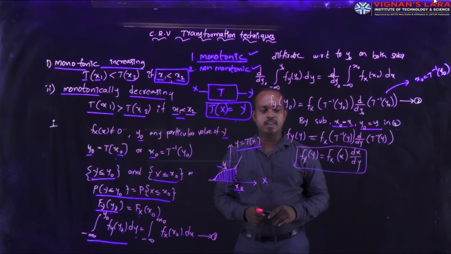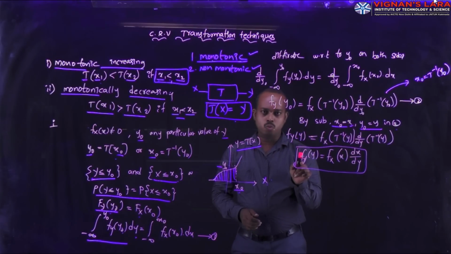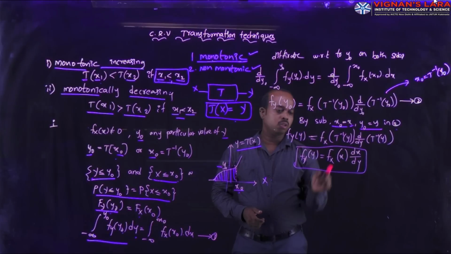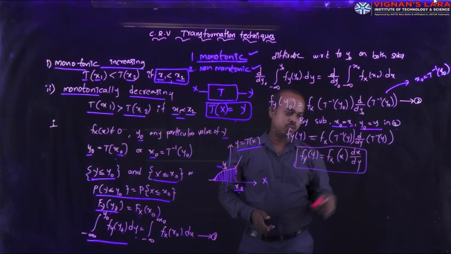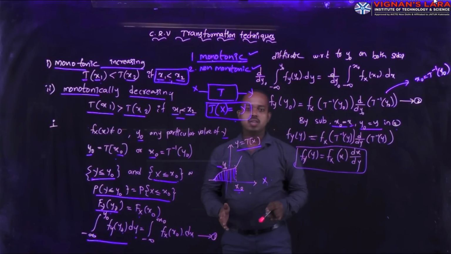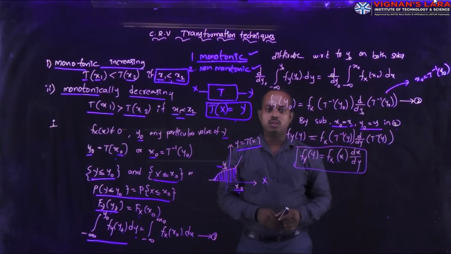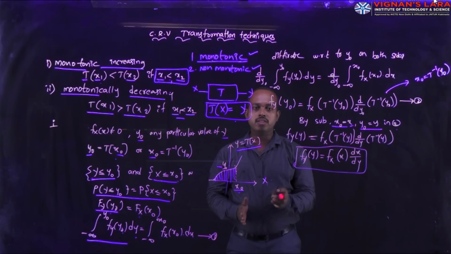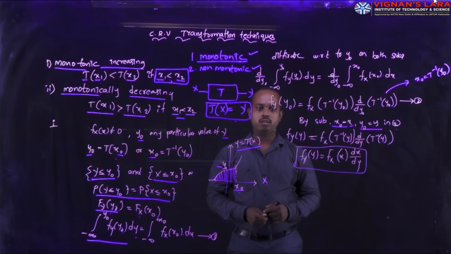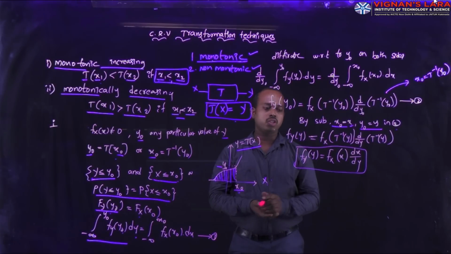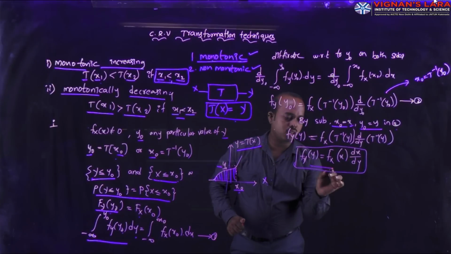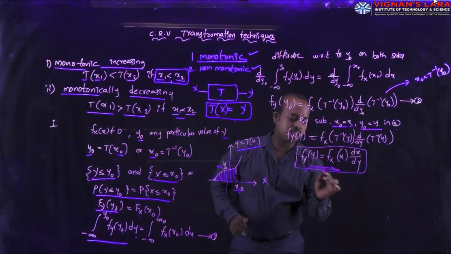Simply you can say that the density function of y is equal to the density function of x into the derivative of x with respect to y. This represents the monotonically increasing transformation technique. After giving the random variable in a density function, you can use this relation to find its transformation value.